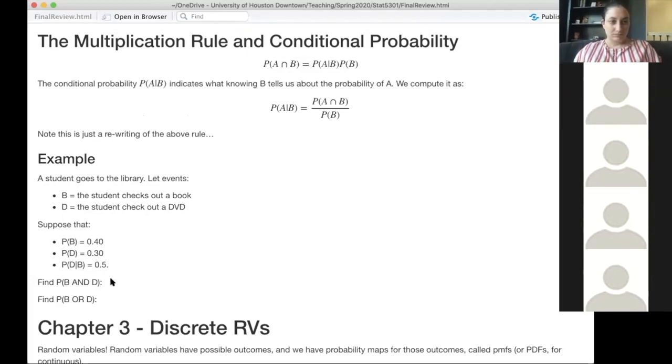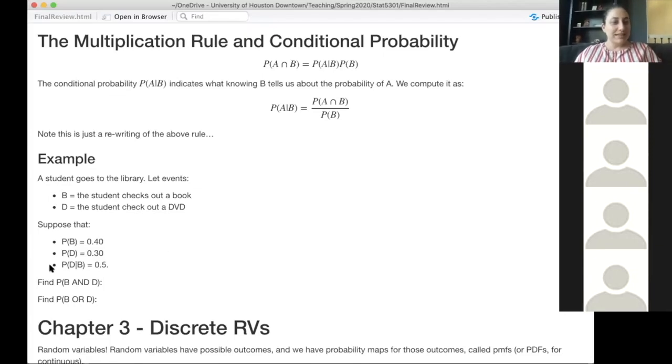0.2, right? Come again? Is it 0.2? How'd you get that? So the probability of B and D is equal to the probability of D given B times the probability of B. Yep.